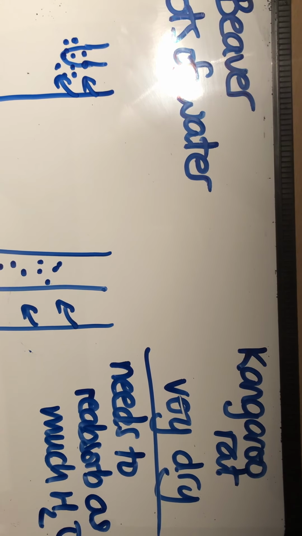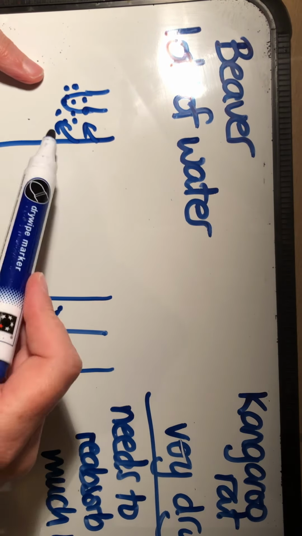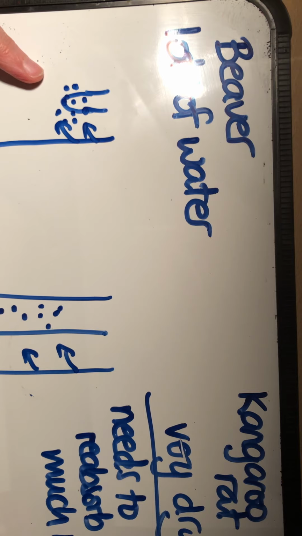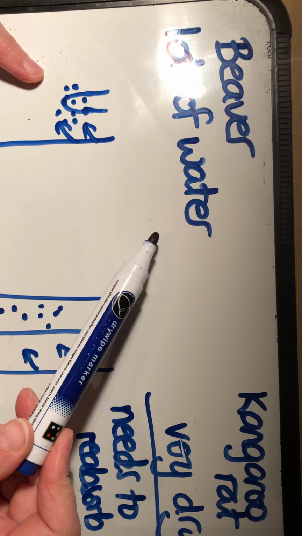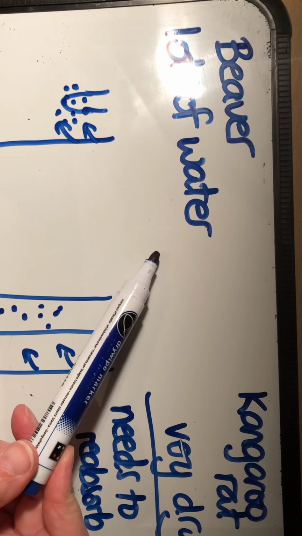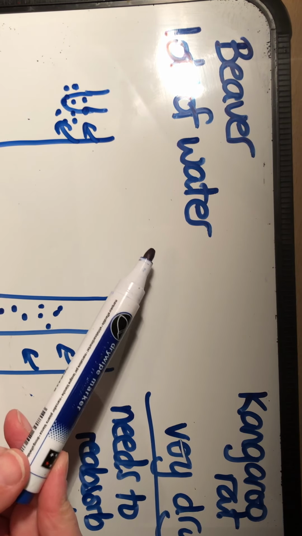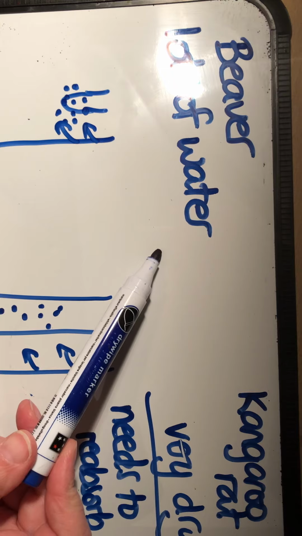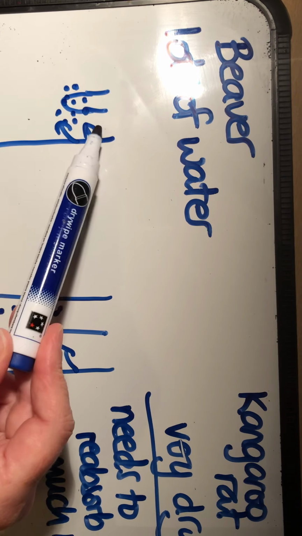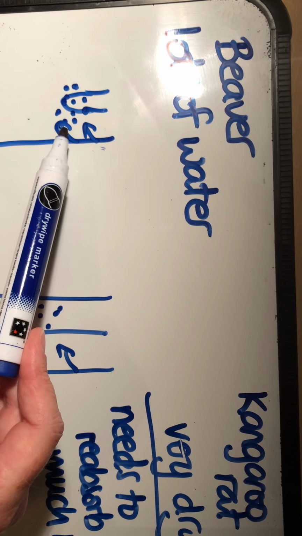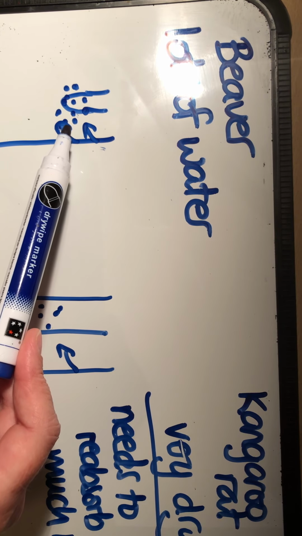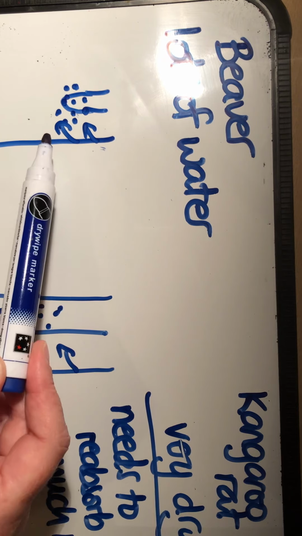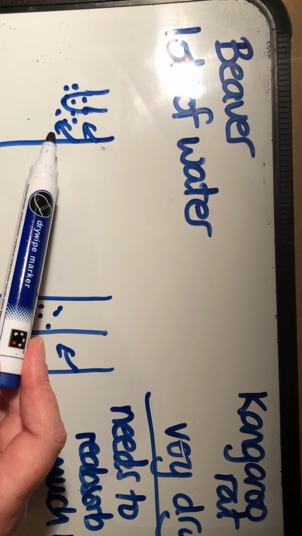So the answer basically is we would expect the loop of Henle in the beaver to be shorter than the kangaroo rat. The beaver doesn't need to reabsorb as much water because it's surrounded by water. There's a lot of water available to it. So it would have a shorter loop of Henle. Small amount of salt would be actively transported into the medulla tissue, and less water will be reabsorbed from the collecting duct by osmosis.